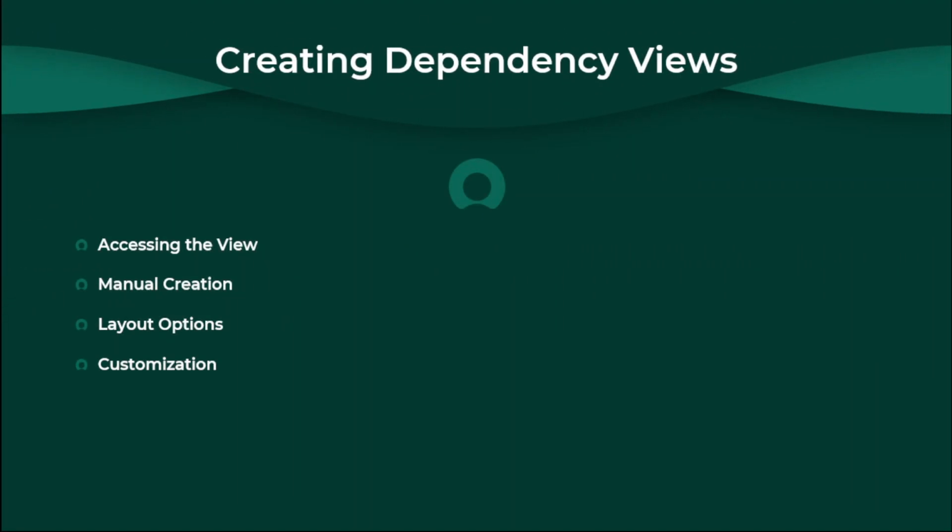Now let's look at how to create a dependency view. Accessing the view: go to the CI record like a business service or server and click View Map. This opens the dependency map for the CI. Manual creation: you can also open the dependency view module, choose the CI class and search for the CI you want to map.